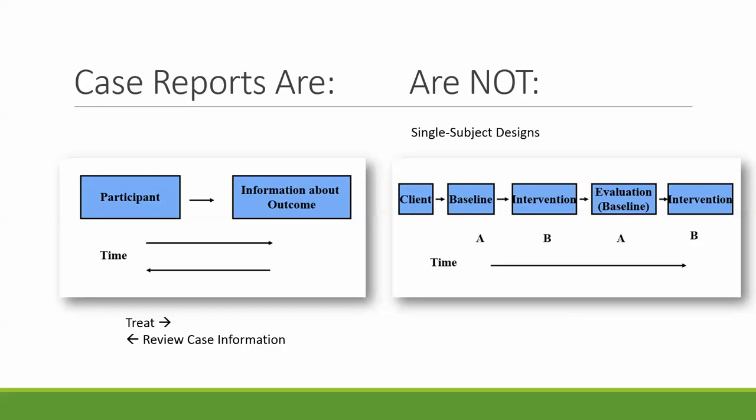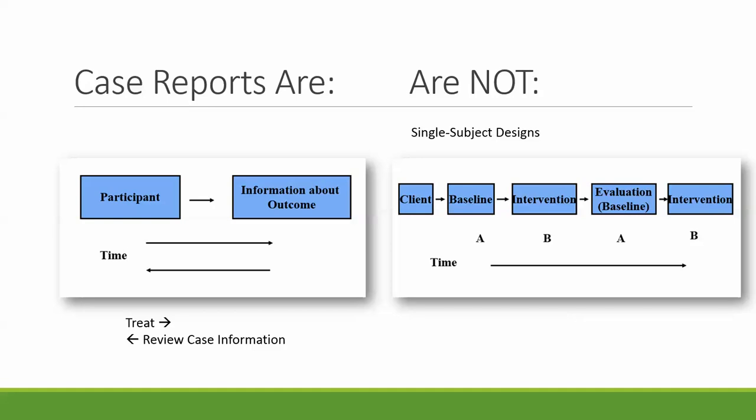Since it's a research study, it's actually a subject and not a client. We collect information about that individual at baseline. We provide an intervention. We assess and take measures again to see how the intervention has impacted the person. And then we remove the intervention and see, did that individual stay the same, or did changes occur where they return to their baseline again?